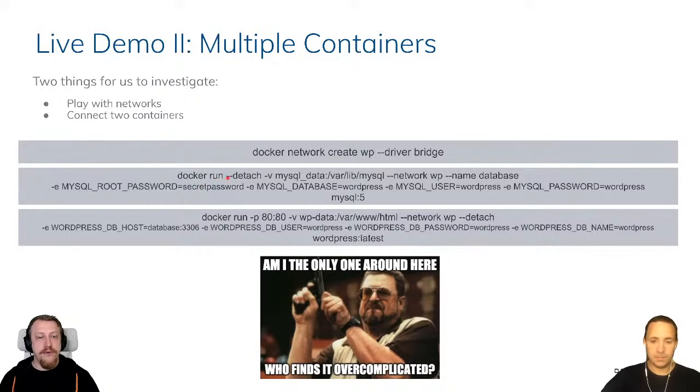So we go Docker run, detach, background, mount volume, name it volume MySQL data. So because we are going to have this data persistent, to be mapped to var lib MySQL in the MySQL container. It will use network WP, that's important. If you don't specify a network, it will be connected to a default network and therefore have no connection to the second container, because this one, well, is connected to my custom network.